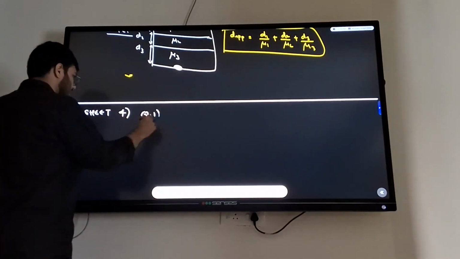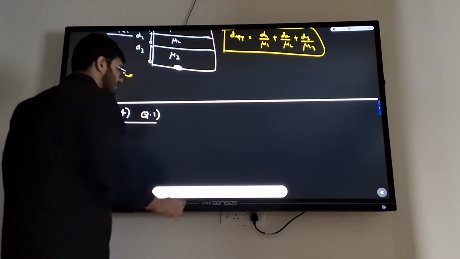So, sheet 4, question number 1, and the figure is something like this.